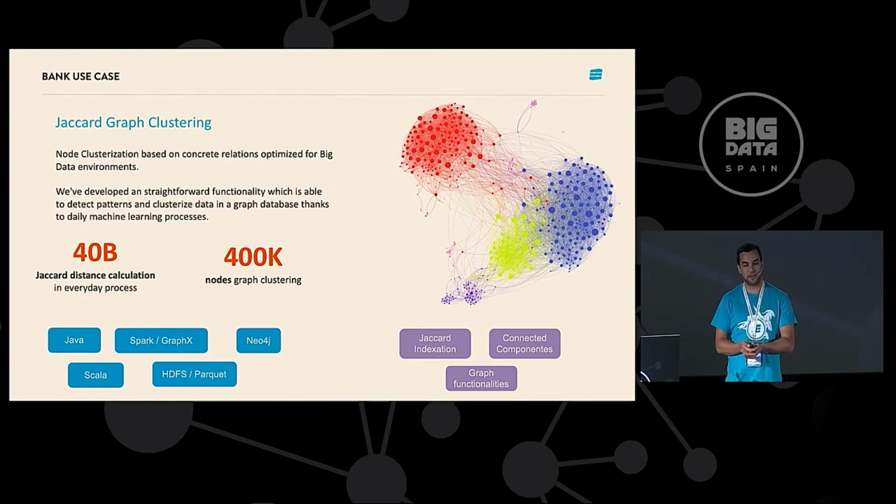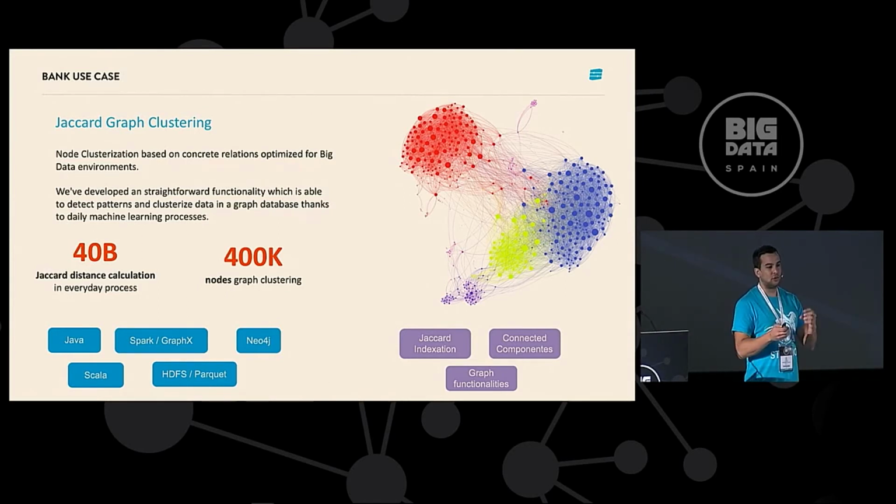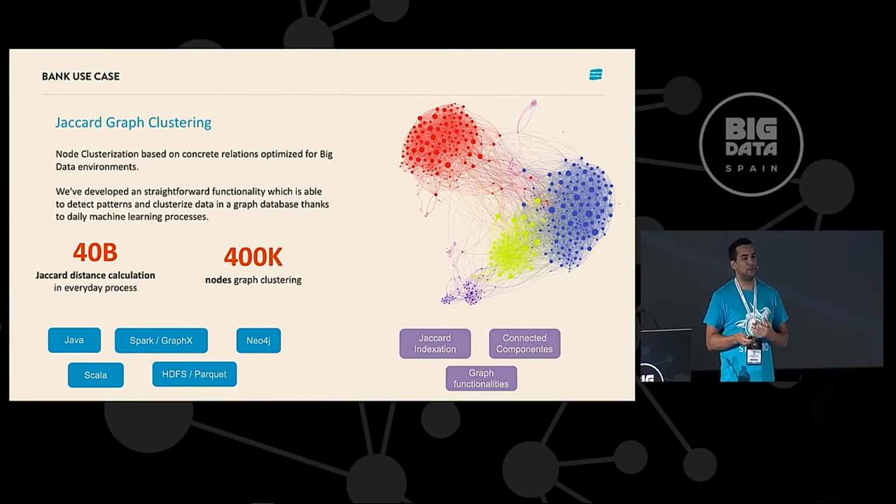So for the first part, to find this information, we were able to do this thanks to the Jaccard indexation. The Jaccard indexation is a method to compare subgraphs or massive data graphs, and it will return an index.